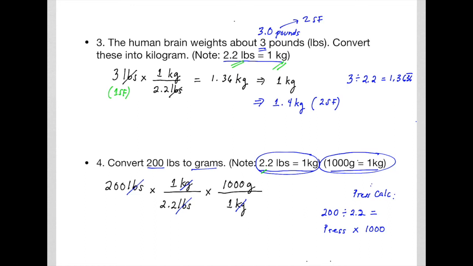So the answer now is 90,909. Again, how do I press it in calculator? Input 200, then press divided by 2.2, and then times 1,000 grams. So, the final answer would be 90,909.09.